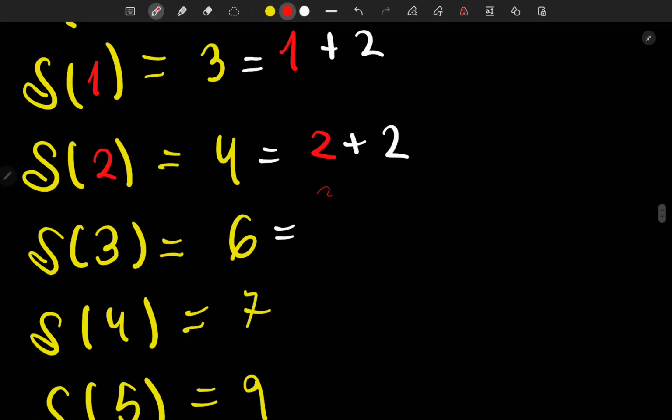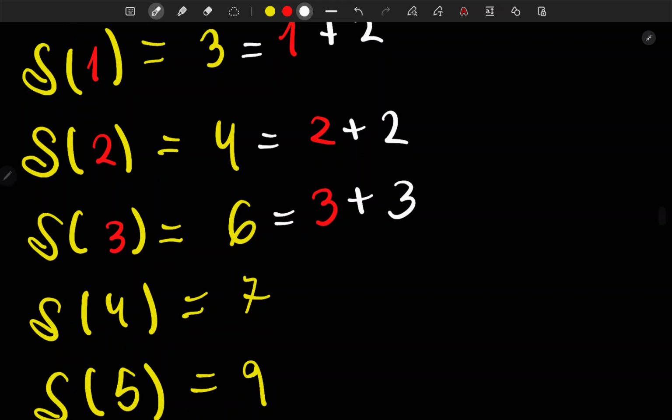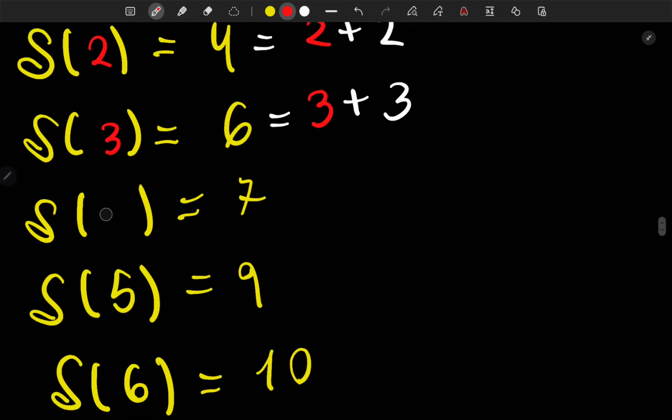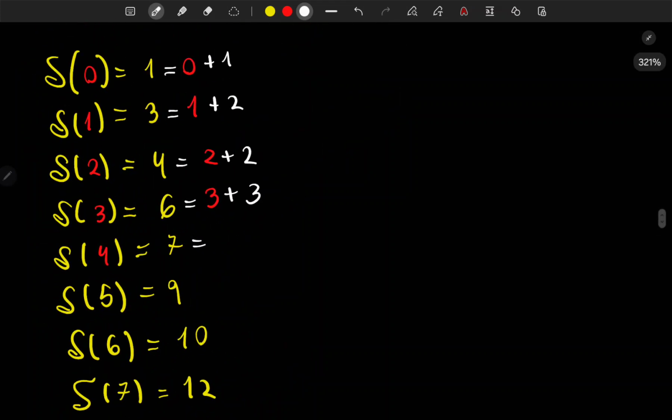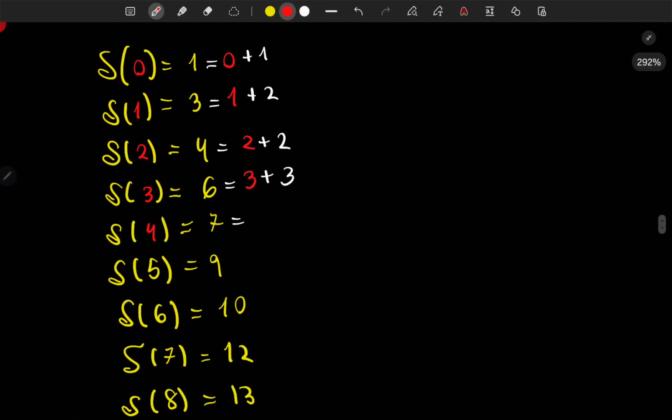This equals 3 plus 3, so we get to 6, and this is 4. I hope you begin to see the pattern. This is 4 plus 3.